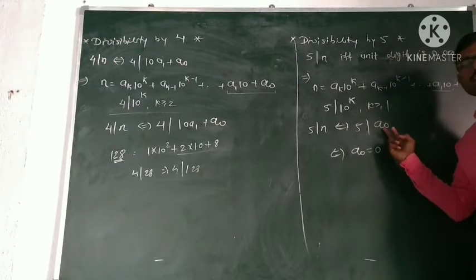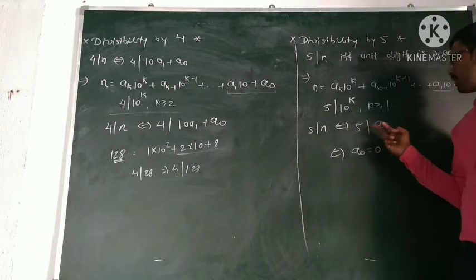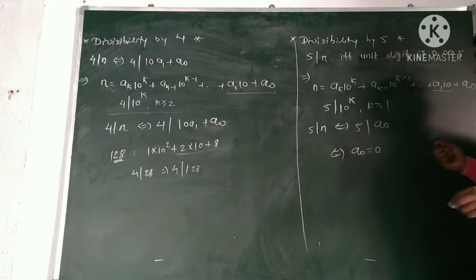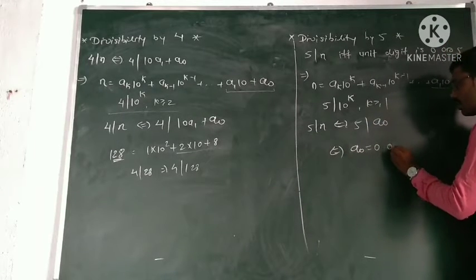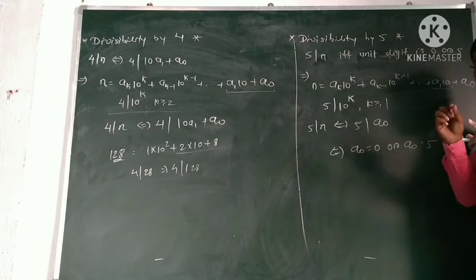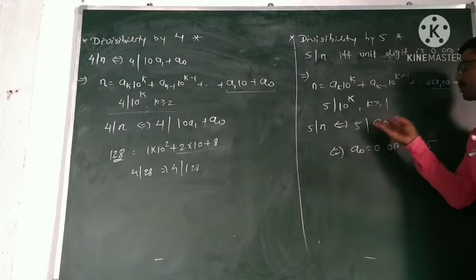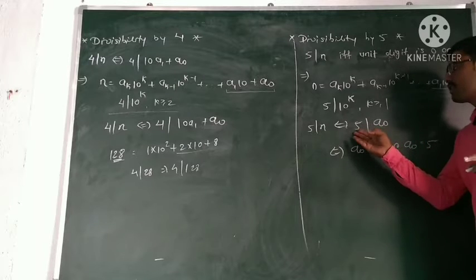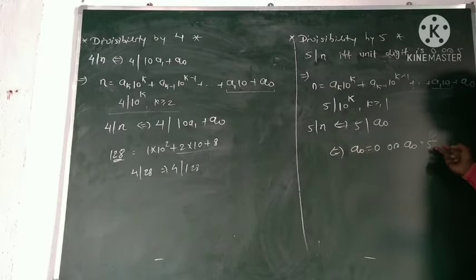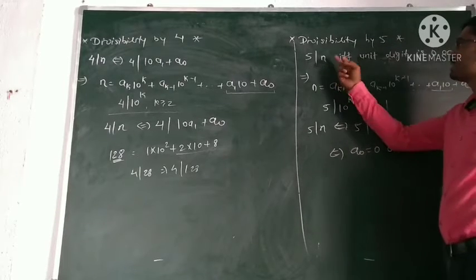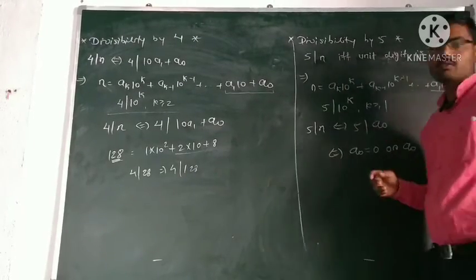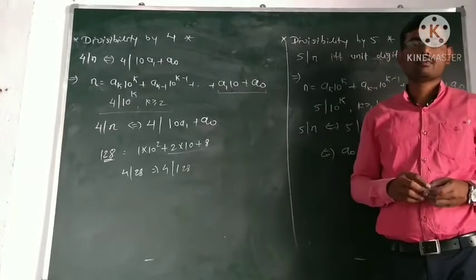Since 5 divides a0, a0 is a multiple of 5, and a0 is a unit place digit, that is a single digit. This implies either a0 is equal to 0 or a0 is equal to 5. There are only two options from 0 to 9, because 5 divides 0 and 5 divides 5. This implies 5 divides n if and only if the unit digit a0 is either 0 or 5. This is the divisibility by 5.